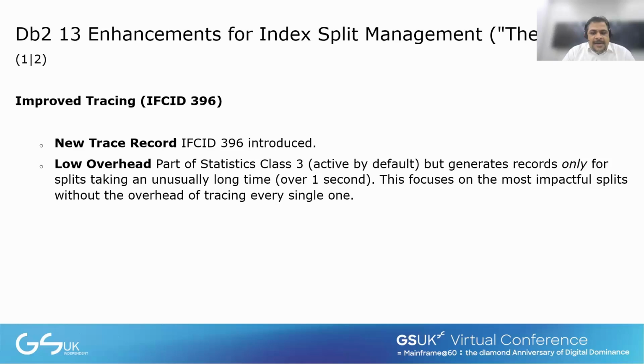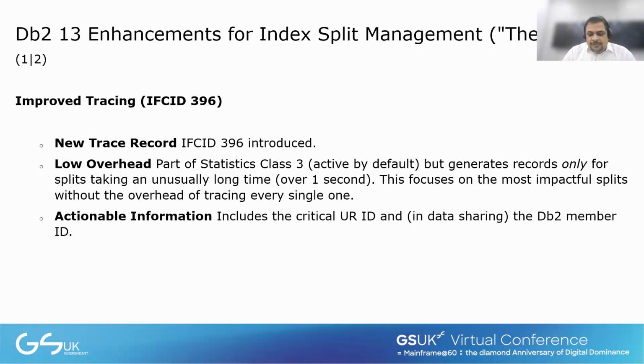It also generates records only for the splits taking an unusually long time, and unusually long means more than 1 second. So this focuses on the most impactful splits without the overhead of tracing every single one. You don't have to record everything that's happening. It also includes the URID, which was not there previously, and the DB2 member ID as well.